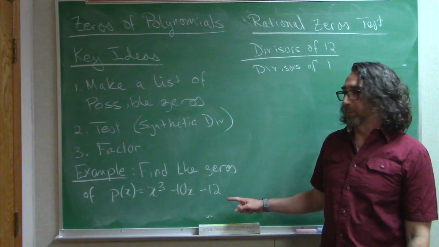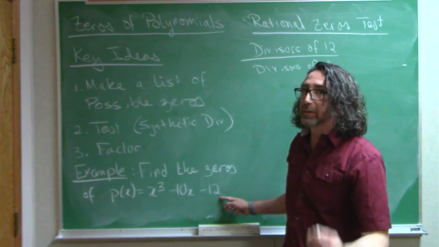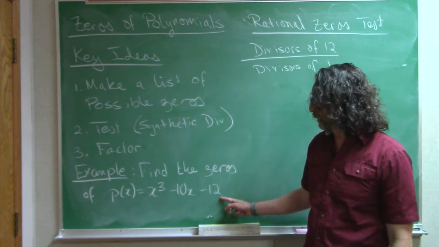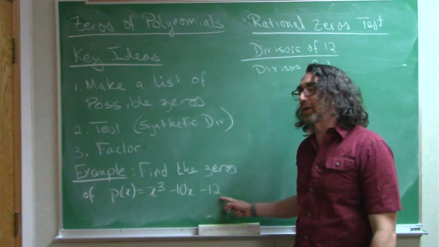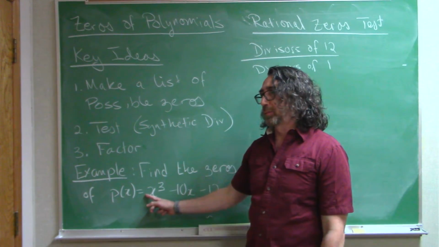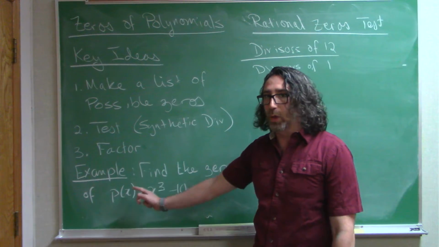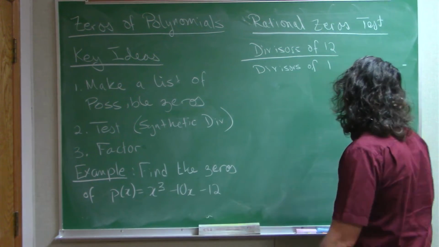Okay, so the possibilities for the numerator is anything that divides 12. The possibilities for our denominator are anything that divides the lead coefficient, which in this case is 1.